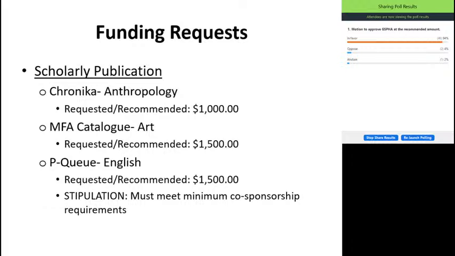The journal, like every year, is going to be published in print and also published online for free for graduate students. We are requesting funding to cover our printing costs and the shipping costs because we also ship journals to the authors. Sorry, and we also have a few fees for our domain name.